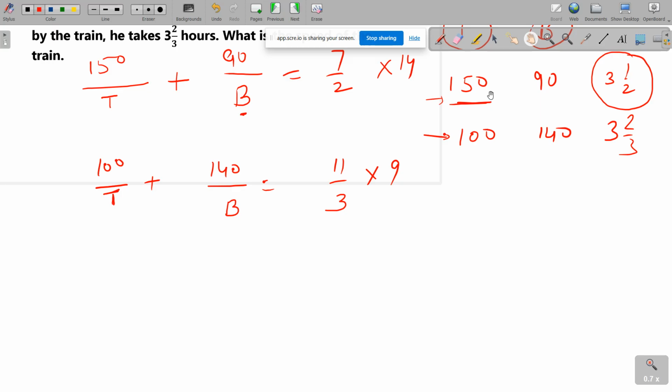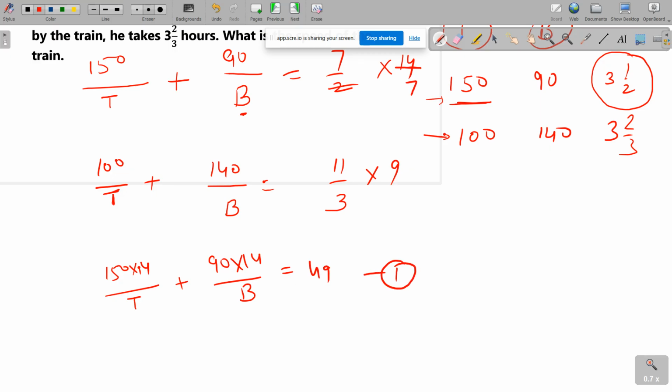Let me show you. If I multiply the first equation by 14, it will be 150 into 14 divided by t plus 90 into 14 divided by b is equal to 7 sevens, 49.